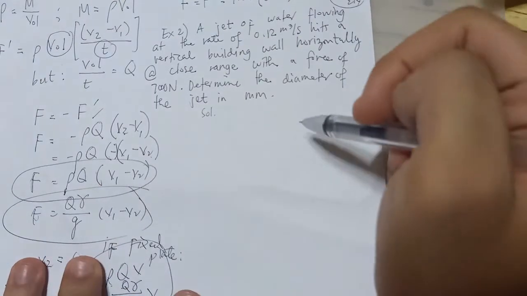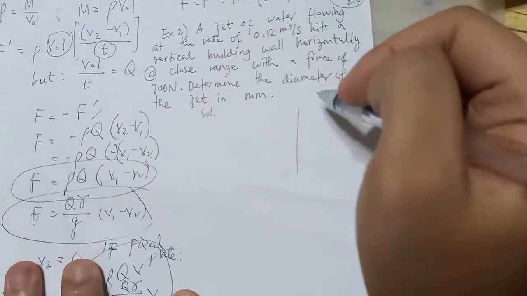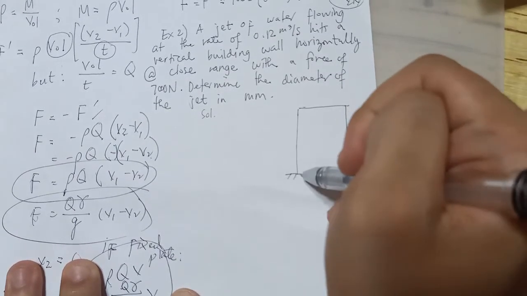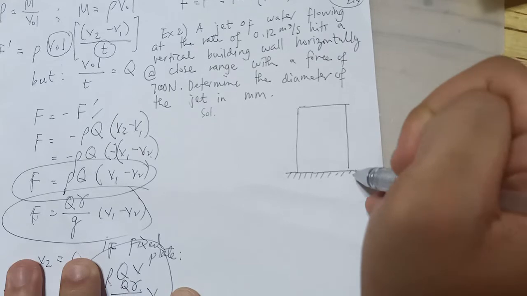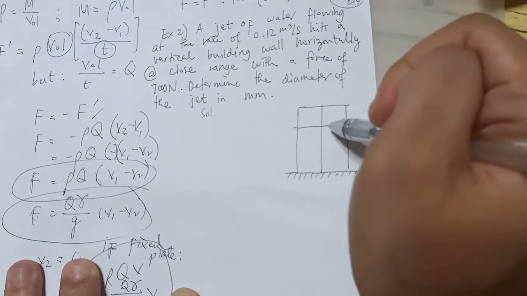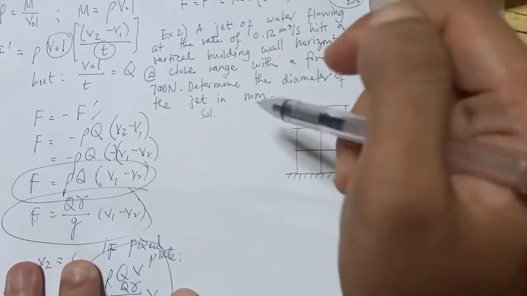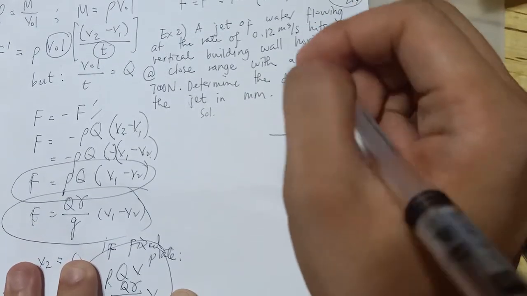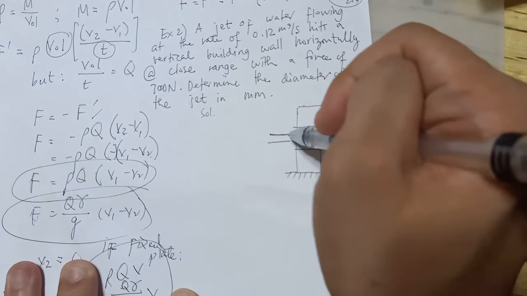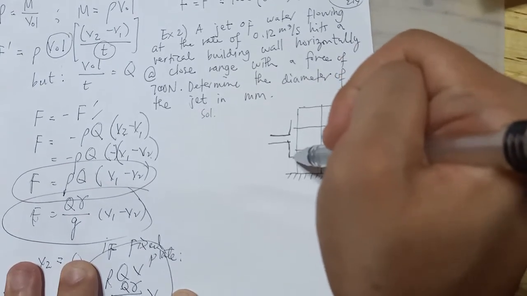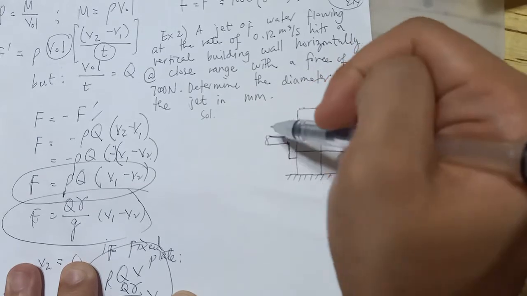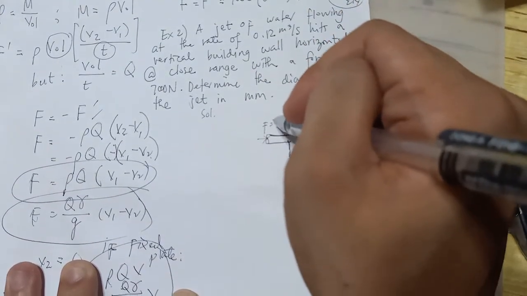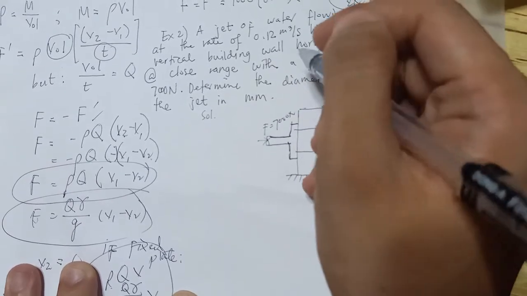Let's say this is the building, no? And may force going in, which is force natin is 7,000 Newton.